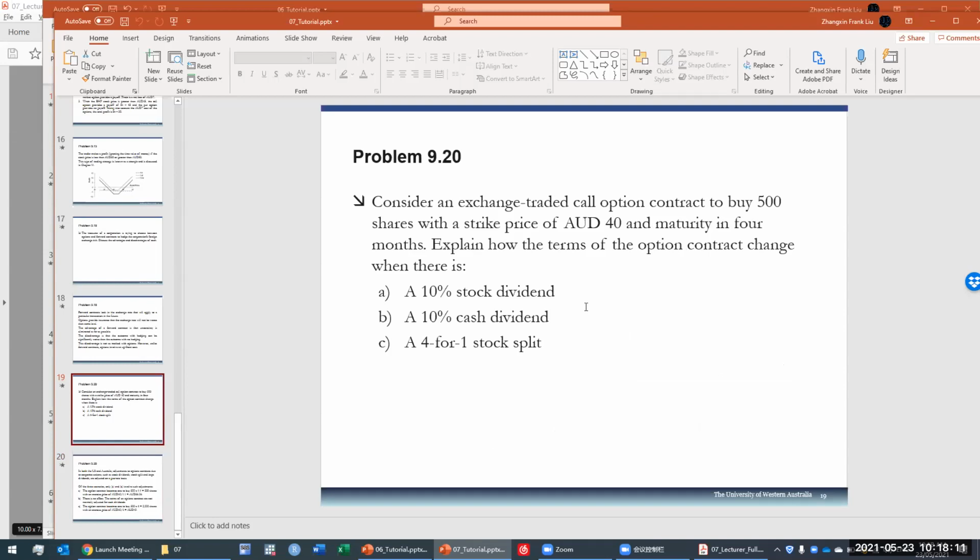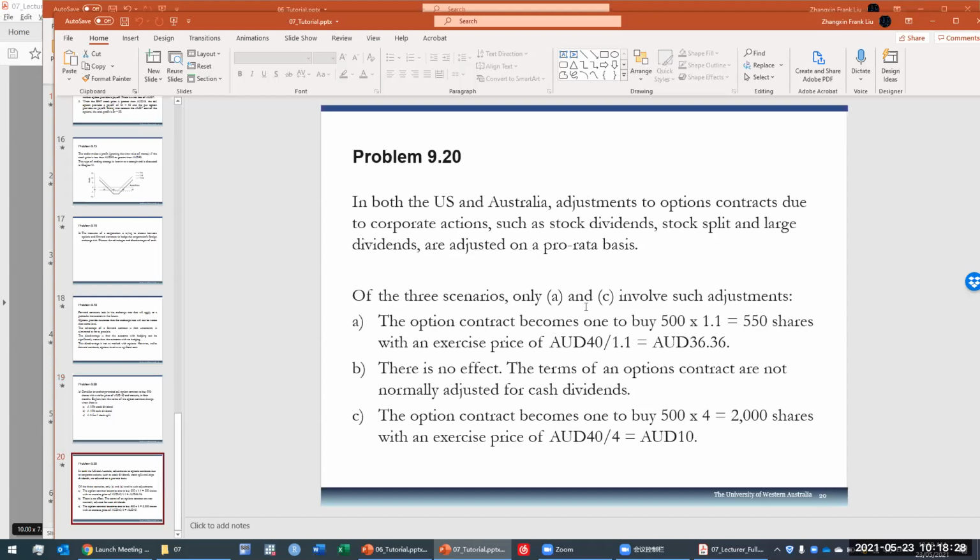And then people say, oh, suddenly it's a lot more affordable, but it's the same thing. So here, a 4-for-1 stock split means the price goes down and shares go up by how much? Well, 4 times more shares, and the price is 25% of the original one, such that the product is still 20,000. It shouldn't change your dollar volume of the transaction.